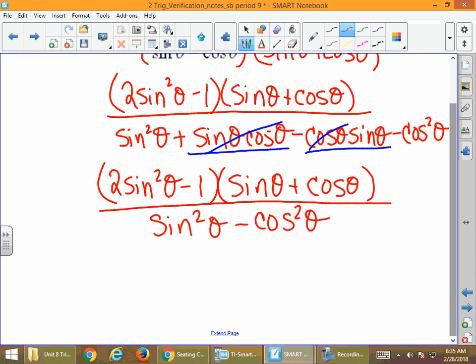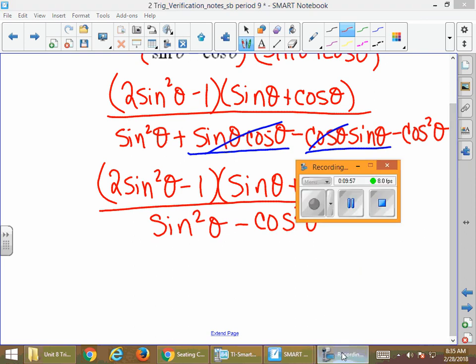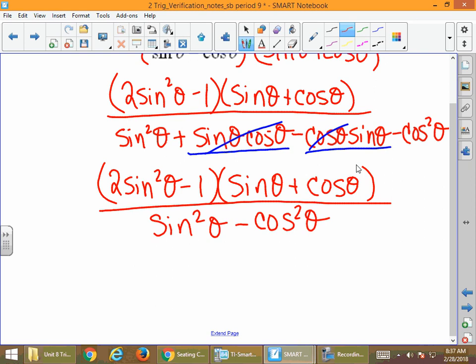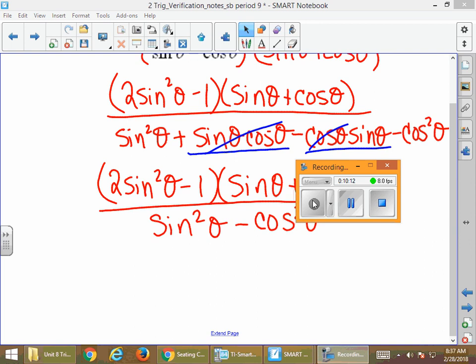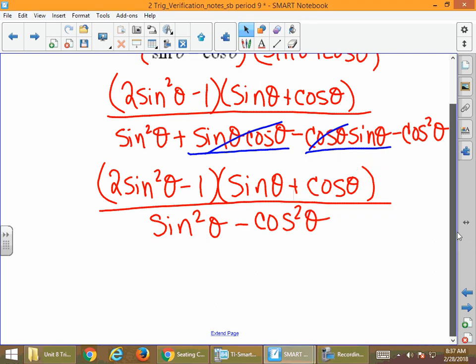Now's where we really need to stop and think for a minute. We are trying to get the other side to be sine theta plus cosine theta. So let's try to cancel out 2 sine squared minus 1. So again, we're trying to see if we can cancel out 2 sine squared minus 1, which means that we want to turn everything in this problem into sines down here from our denominator.